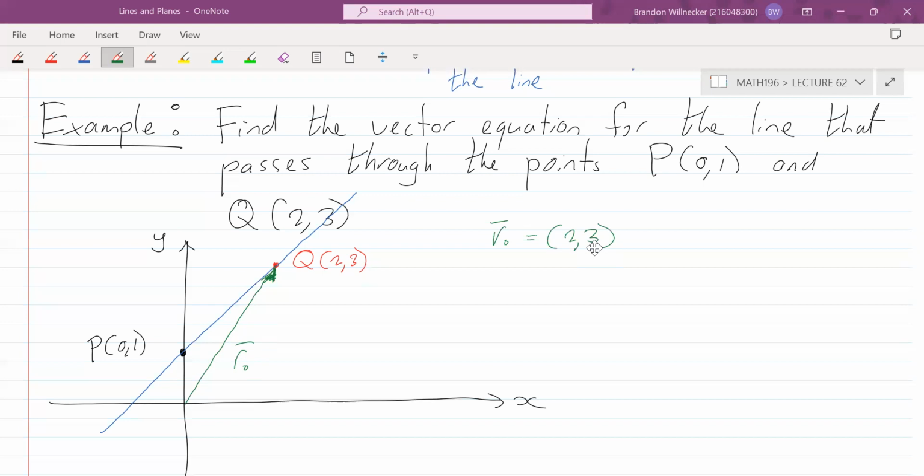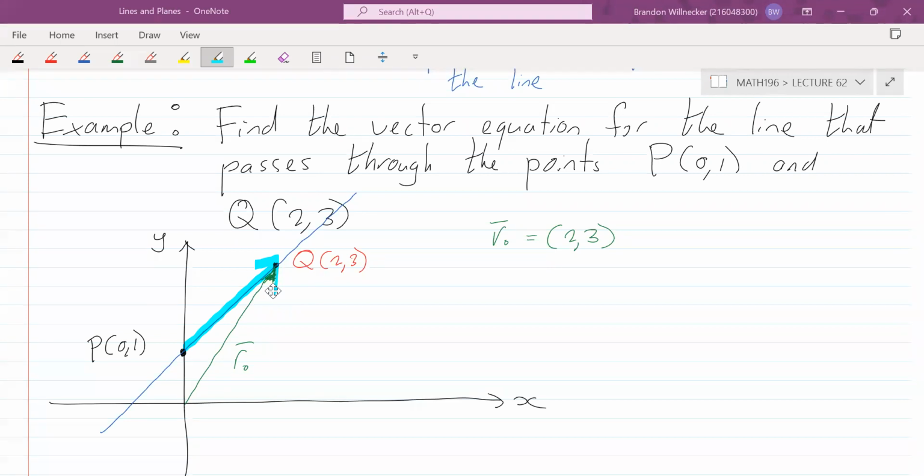Now we need the vector v that lies along the line. Remember what I said last time: if we take the vector that goes to Q minus the vector that goes to P, we will get the vector that goes from P to Q. That is a vector that lies along the line. Or we could do it the other way: the vector P minus the vector Q, and then we would get a vector that lies along the line, but in the other direction.